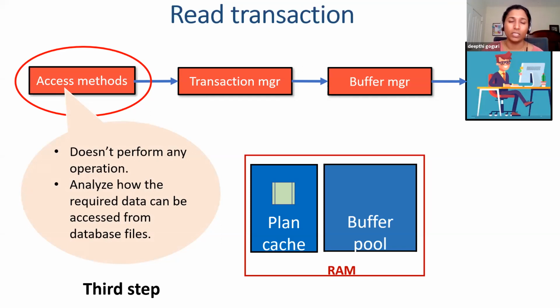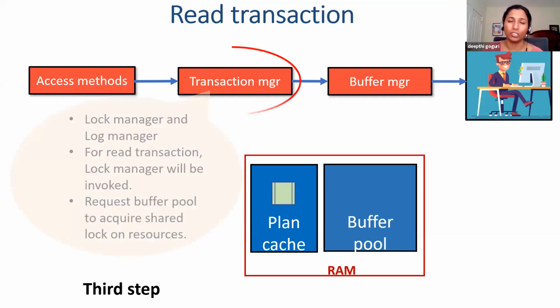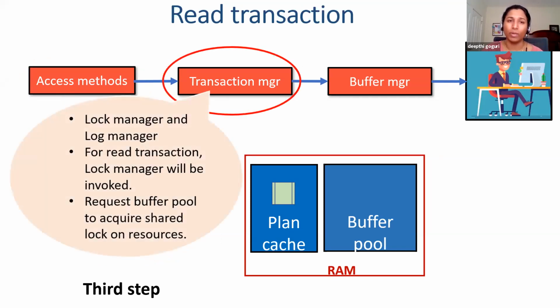Once the query has reached the transaction manager, the transaction manager has two subcomponents in it, the log manager and the lock manager. As this is a read transaction, we are not modifying any data inside the buffer pool, so the transaction manager will not invoke the log manager, but it will just invoke the lock manager part of it.